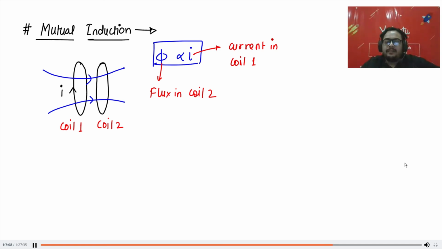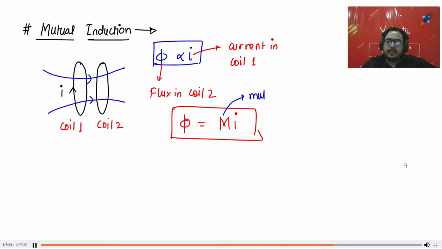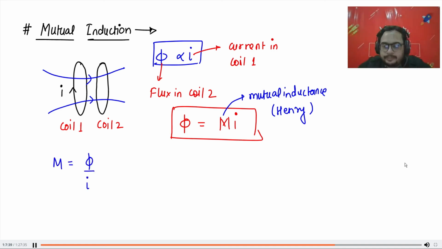We remove the proportionality constant and we get M I. Like L was self-inductance, M is called mutual inductance. Same unit, our famous Henry. Okay. So again, mutual inductance is phi by I. So if I ask you once again, is mutual inductance dependent on flux and current?